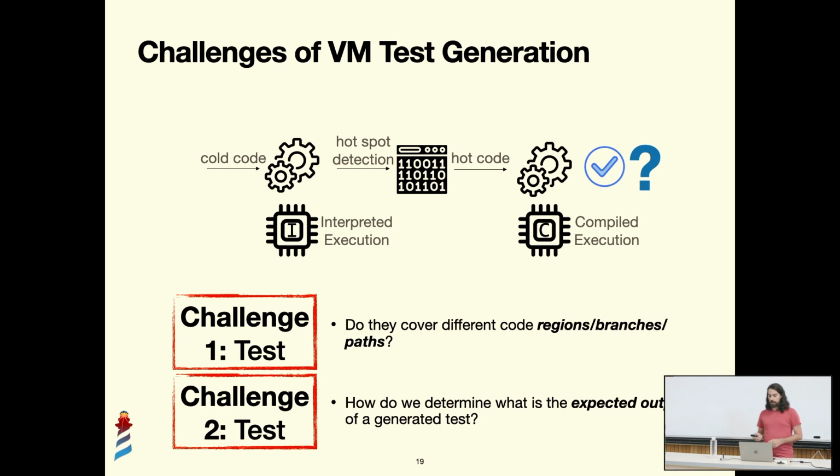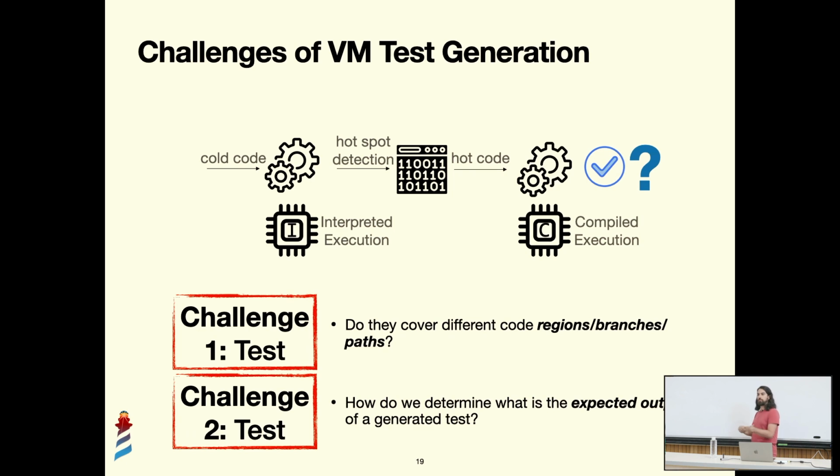You also want all the tests that you generate to cover a lot of different regions and branches and paths in the execution of your code. And once you generate the tests, let's say that we can generate a lot of tests that are semantically correct, testing valid scenarios. How can we automatically create the assertions for those tests?